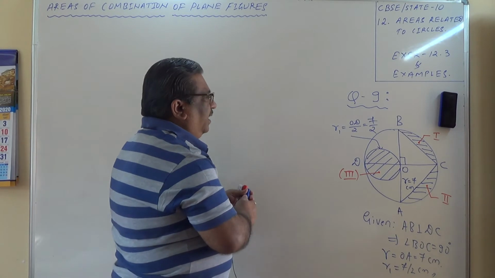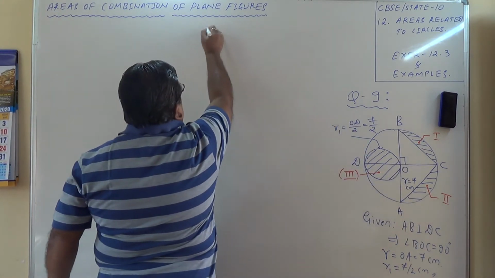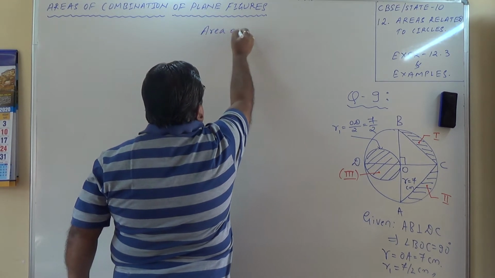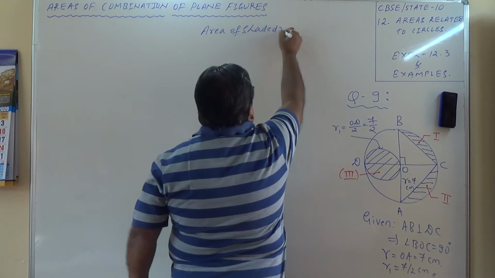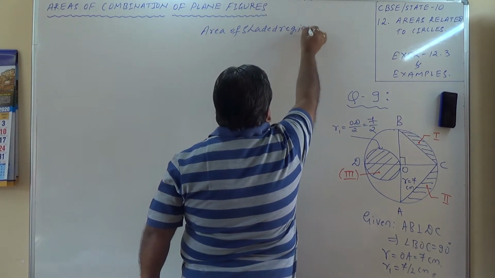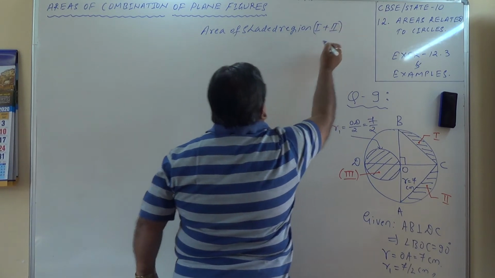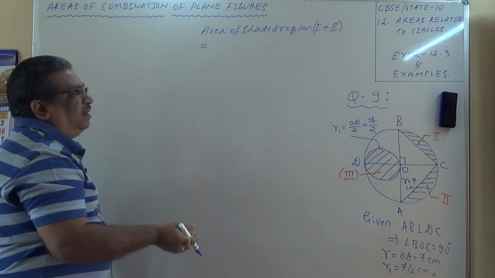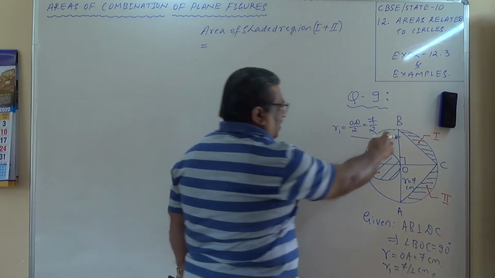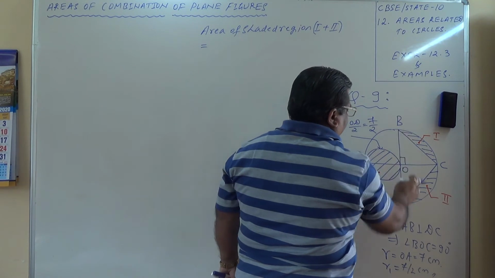Now area of the shaded region 1 plus 2 is equal to area of the semicircle ACB minus area of the triangle ABC.